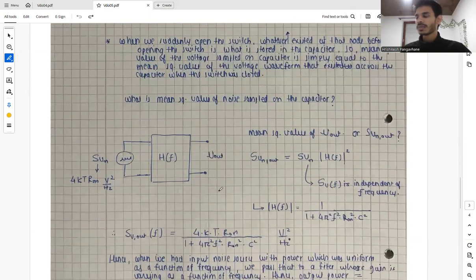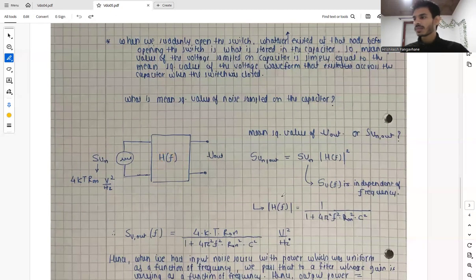Even though the spectral density S Vn at the input is independent of frequency, the system is dependent on frequency as it's a low pass filter.